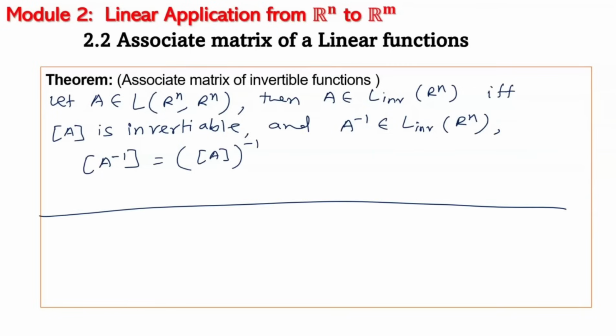So a matrix A is invertible, just recall, if and only if the determinant of the matrix A is not equal to 0, which is also the bijectivity of the linear function.